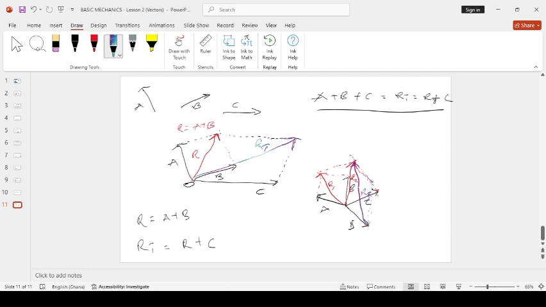And then we've also looked at resultants, how to find the resultant of multiple vectors. We've described how to find the resultant for 2 vectors, 3 vectors, and now even 4 vectors, and so on, using the parallelogram law.